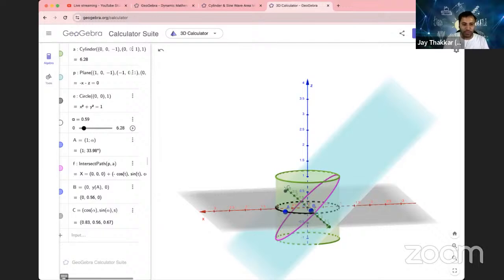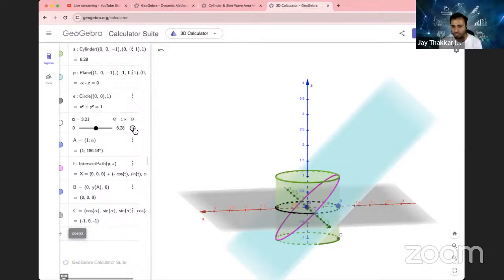Okay, so we wanted to see sin alpha plus cos alpha, and let's see what the output will be.